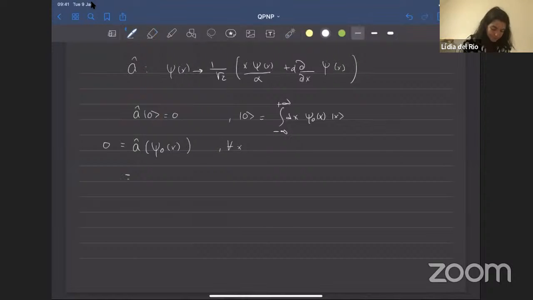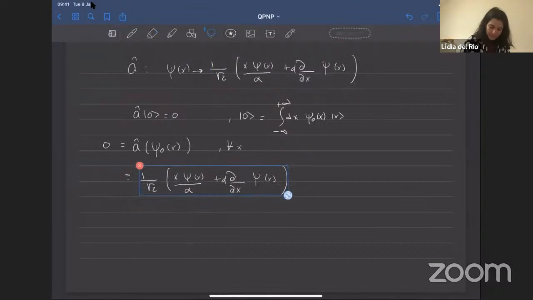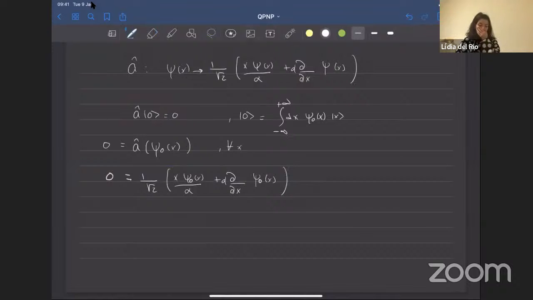Okay. So what does this tell us? We can just copy here. It looks like this, except now it's special for this function. So this must be 0, okay, for all x.